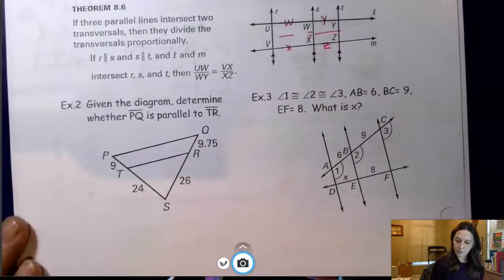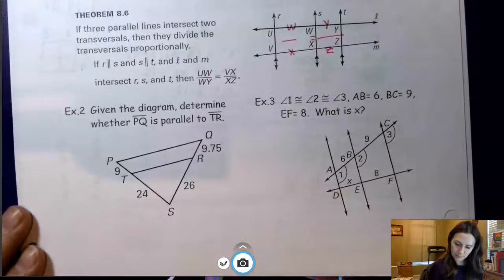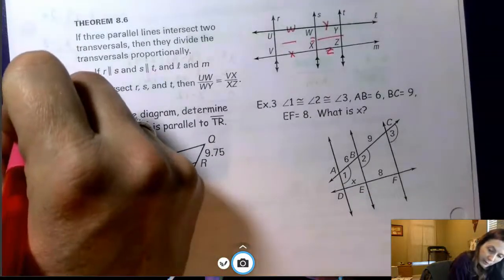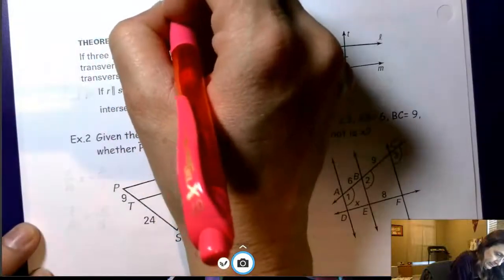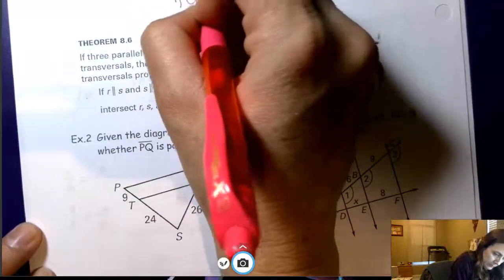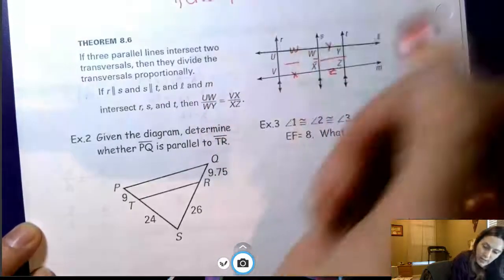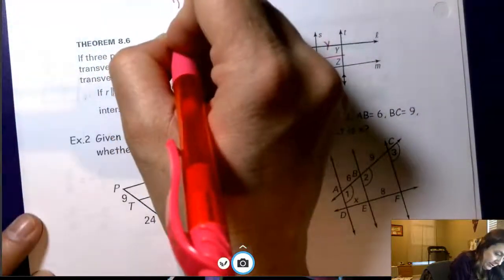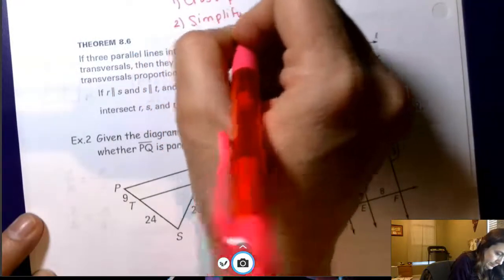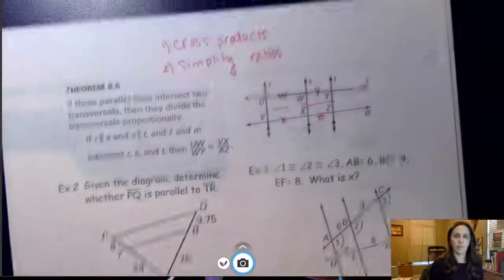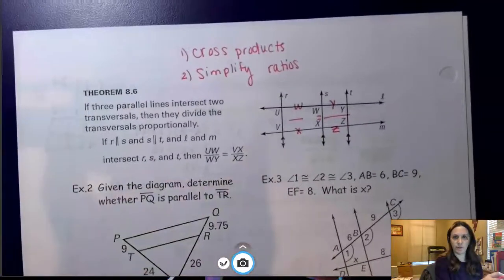So down here, here's a bunch of examples. Remember, you always want to be able to look at the cross products and if you can simplify ratios. All right, cross products and can you simplify your ratios?